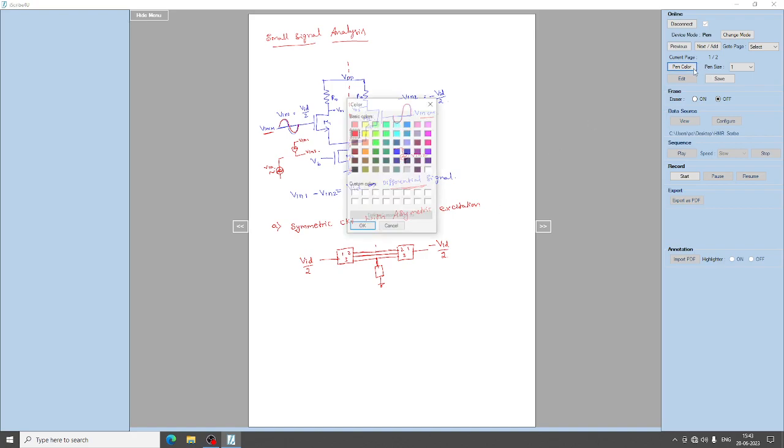So now we have a symmetric circuit, means we are measuring this output of individual transistor with respect to this center node.